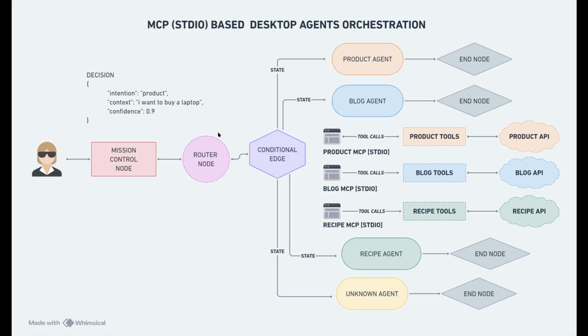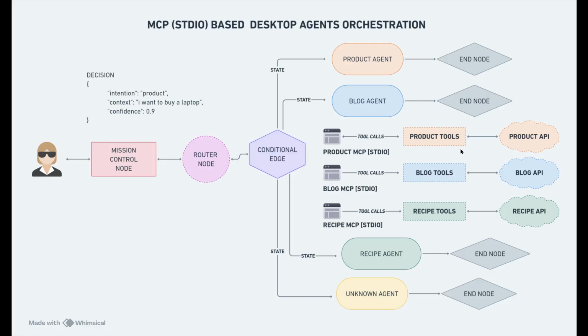And this router node, with the help of conditional edges, is going to reroute the traffic to either product agent, blog agent, recipe agent, or unknown agent. And when I say traffic, I also mean the global state of the graph, which holds decision information, or anything else we want to pass along to our agents.